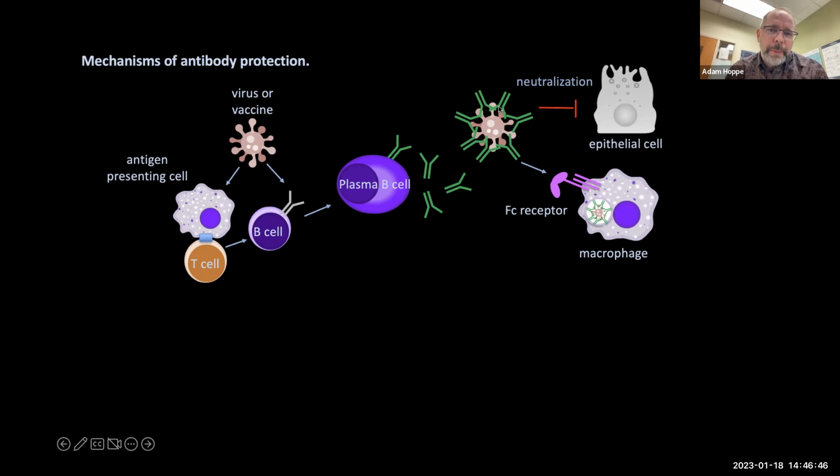I'll point out that part of that is these opsonized virions have to go somewhere. And what I want to impress upon you today is they're often going to be cleared by phagocytes. And the macrophage is one of the main cell types that's going to mediate that clearance.